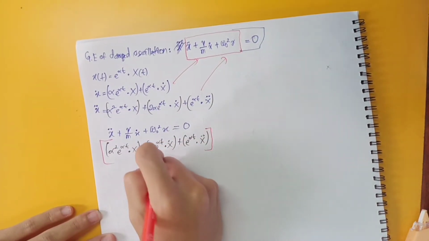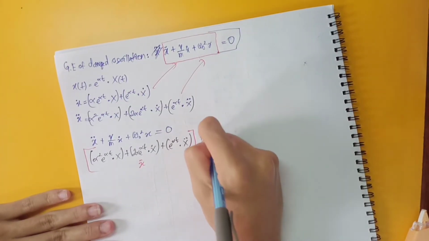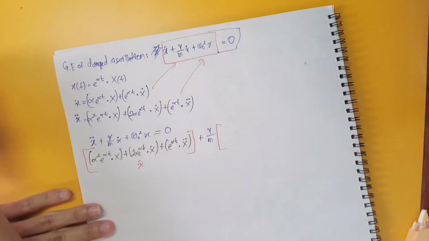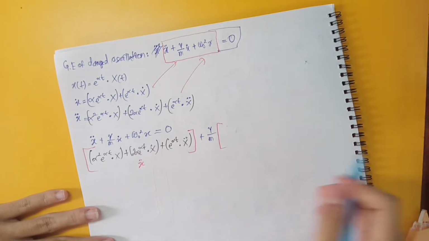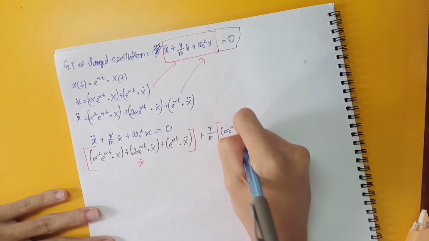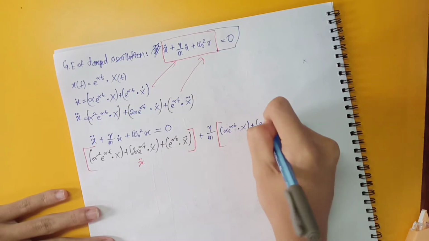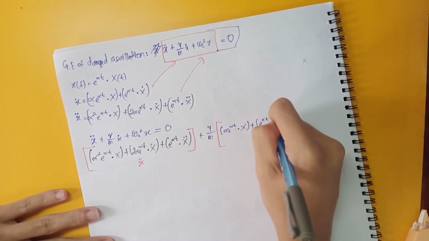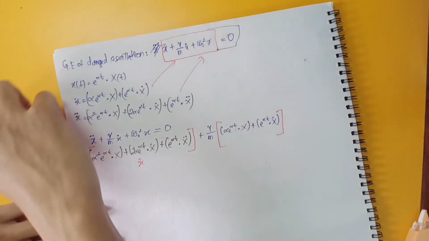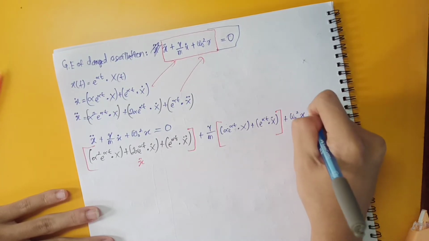Now plus gamma over m times, in brackets, alpha e power of alpha t times capital X plus exponential power of alpha t times x single dot. Close bracket. And finally plus omega naught squared x equal to 0.